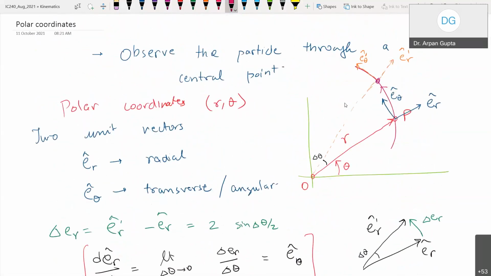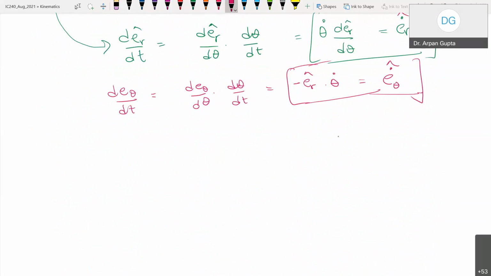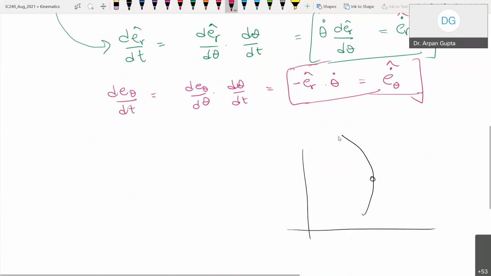Okay, so having done these derivations, now let's come to the main thing: how do we express the velocity and acceleration for such a particle. The problem is the same: we have a particle which is moving along some arbitrary curve, and we track its motion by a radial coordinate r and an angular position theta.